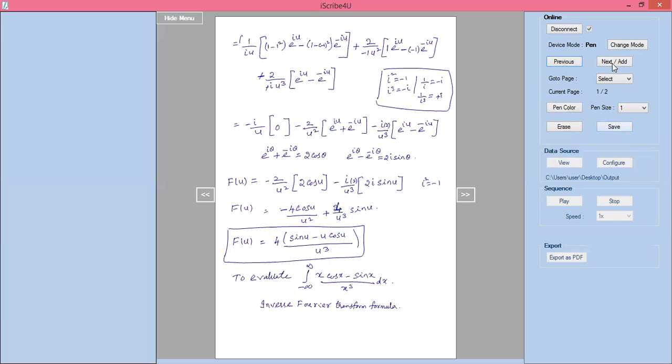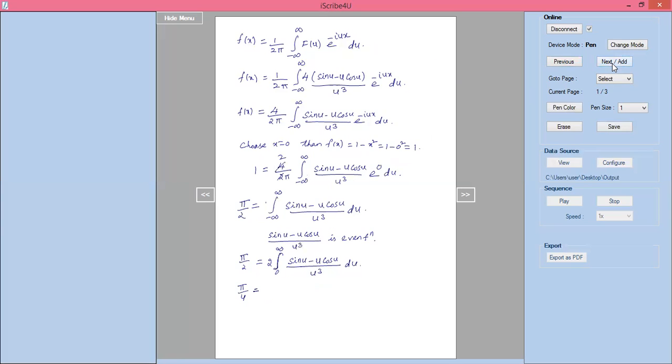So that's the way I will take it. In this, I will take minus outside: minus of integration of 0 to infinity u into cos u minus sin u divided by u cube into du.